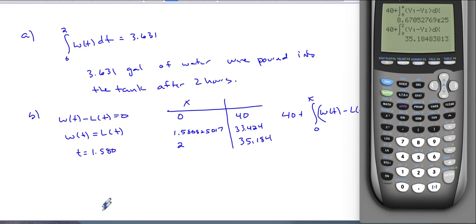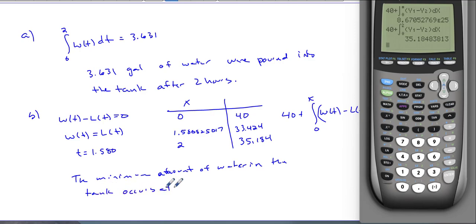Okay, the minimum amount of water in the tank occurs at time t equal 1.580, and then what's my time unit again? Hours.